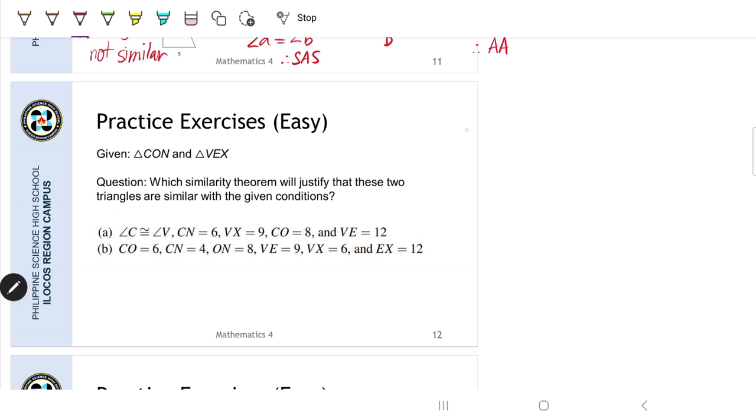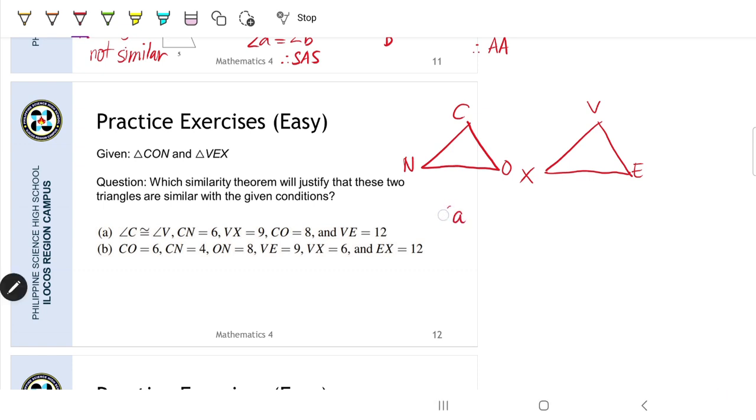Suppose we have here two triangles, triangle CON and triangle VEX. The question is, which similarity theorem will justify that these two triangles are similar with the given conditions?